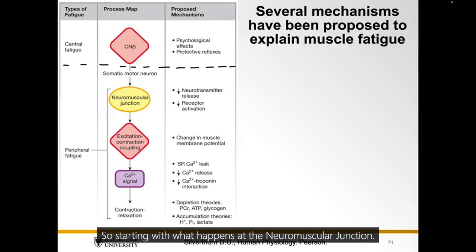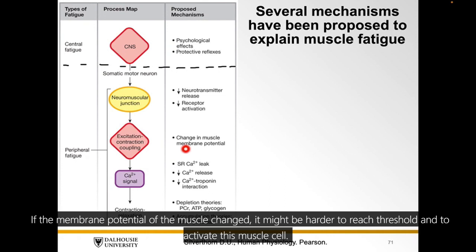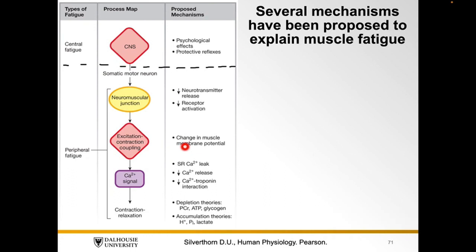Starting with what happens at the neuromuscular junction, a decrease in acetylcholine release or acetylcholine synthesis, or a decrease in the ability of acetylcholine to bind to its receptor would be plausible factors associated with fatigue. Moving on to excitation-contraction coupling, if the membrane potential of the muscle changes, it might be harder to reach threshold and to activate this muscle cell.